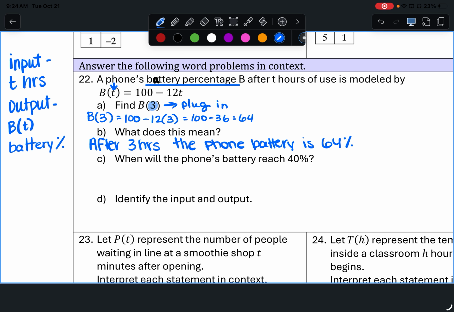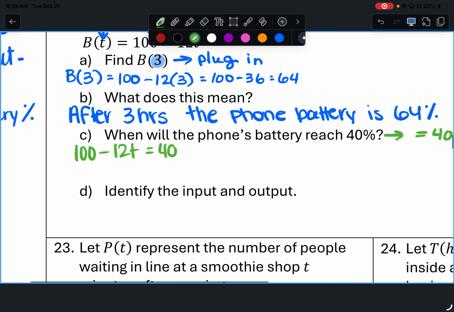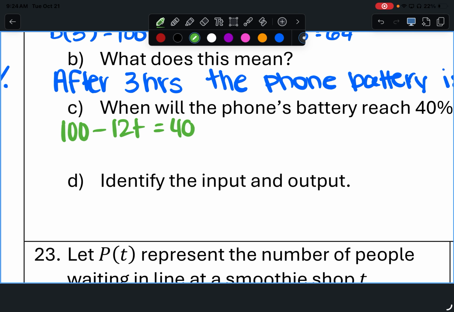It's changing the input. But C says, when will the phone's battery reach 40%? That's giving us the output. That's saying equals 40. So we're going to do 100 minus 12T equals 40. And solve it. How do I solve that? Well, there's nothing to distribute.